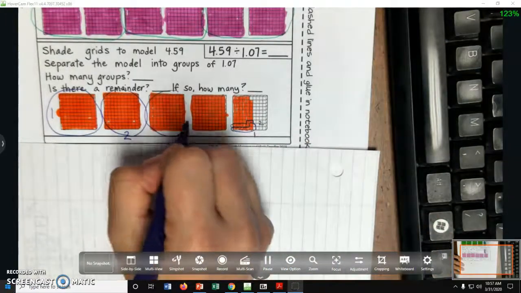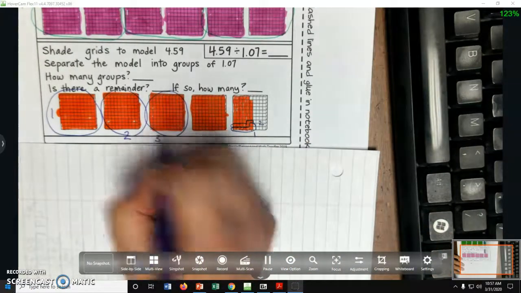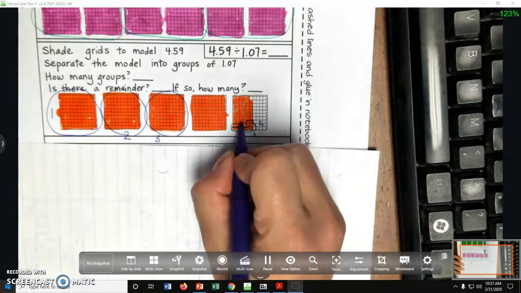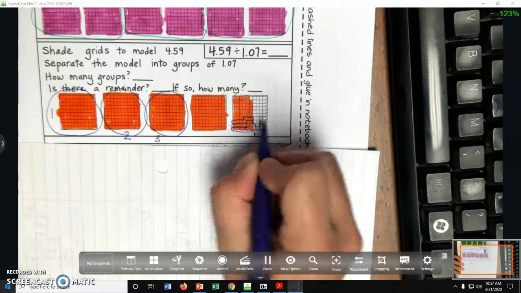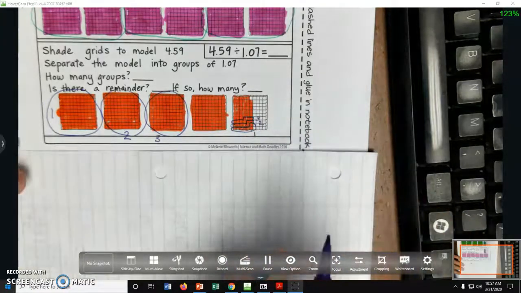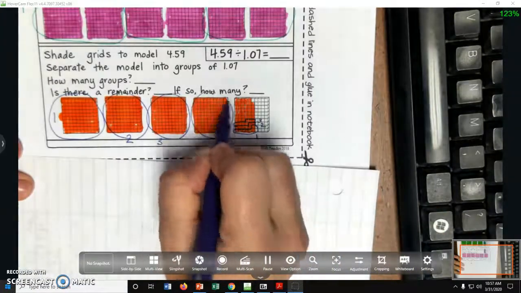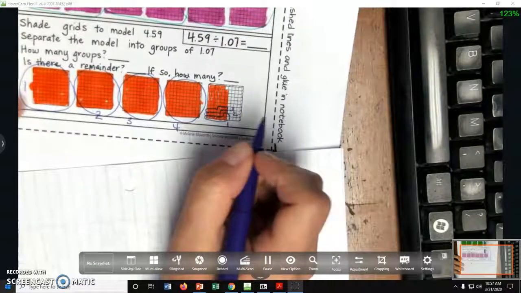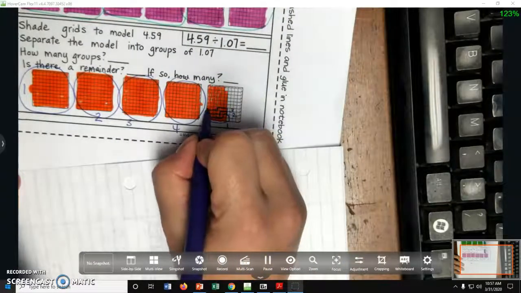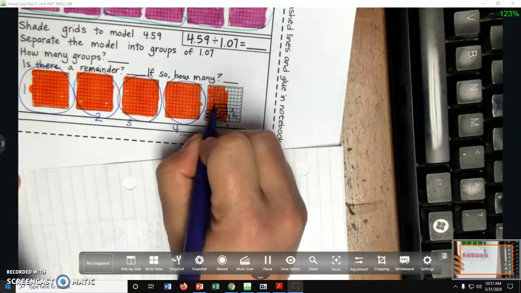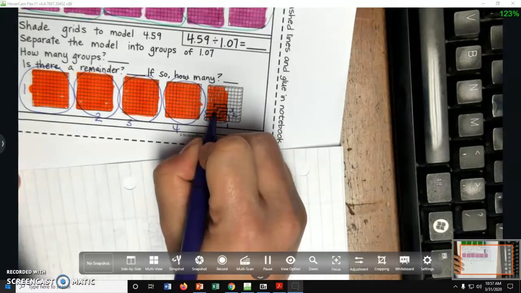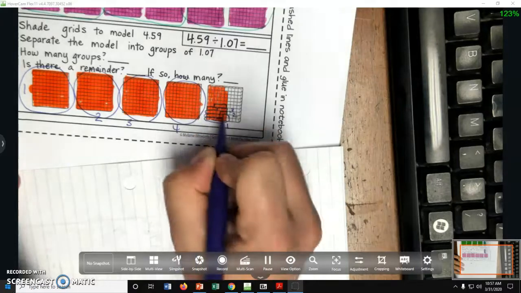Group 3, 1 whole and 7 hundredths. And then group 4 is going to have 1 whole and 7 hundredths. Take those 4 and those 3 to make group 4.